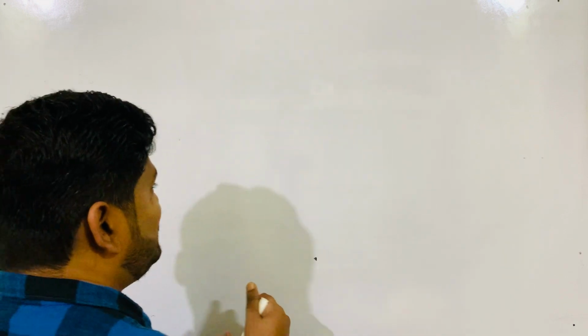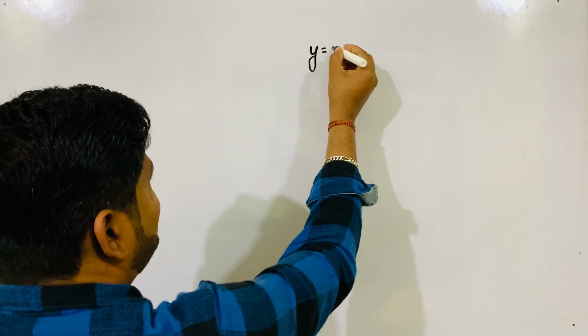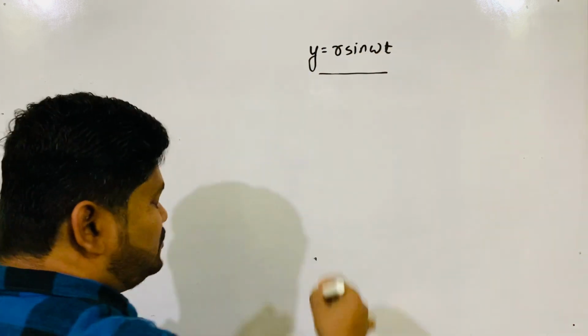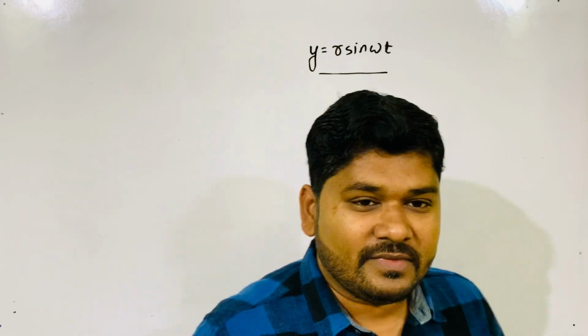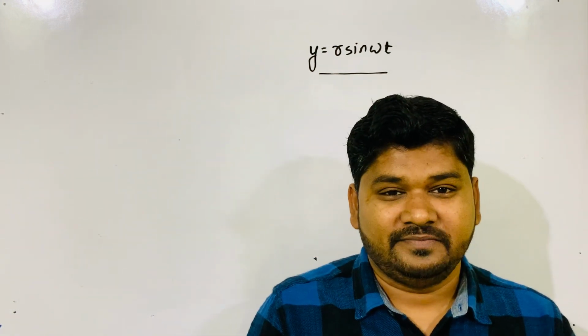y is equal to r sine omega t. So this is the equation, r sine omega t. This is the most important equation, also called the equation of SHM.